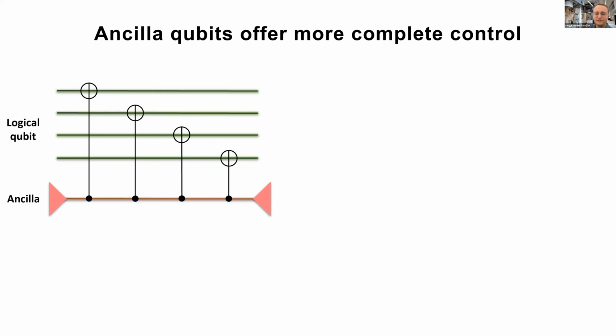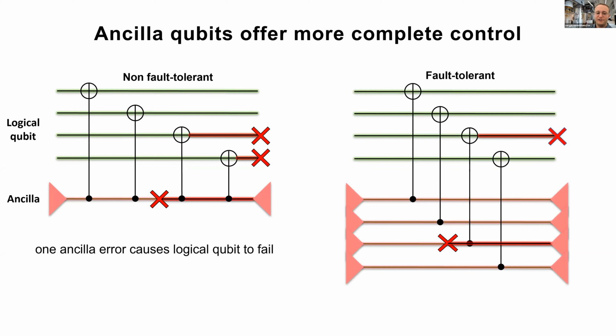So many architectures, such as the surface code or concatenated codes, also involve ancilla qubits to reach this universal control. But here too, errors from imperfect ancilla qubits can propagate to the logical qubit and cause uncorrectable errors. Right? So in this non-fault-tolerant case, a single error in the ancilla propagates into two errors in the logical qubit, which may not be correctable.